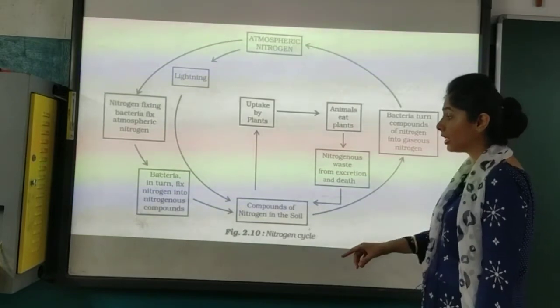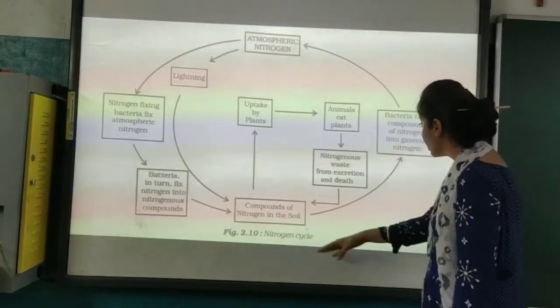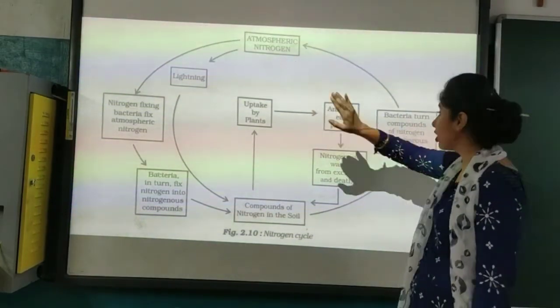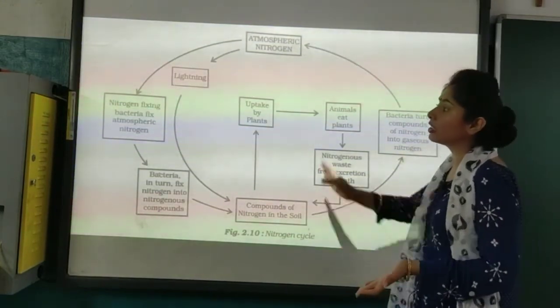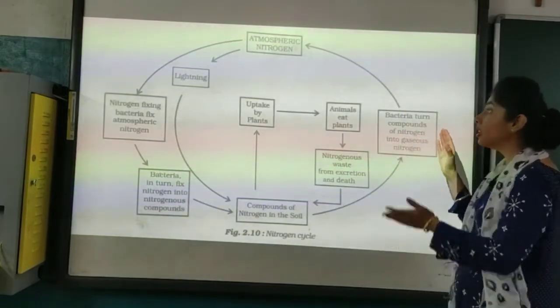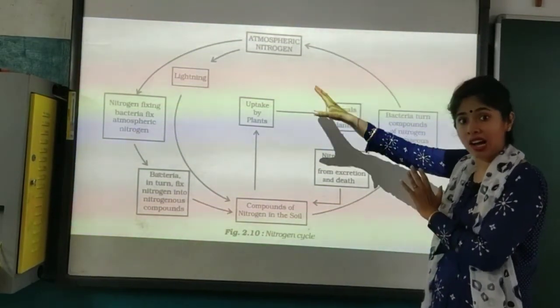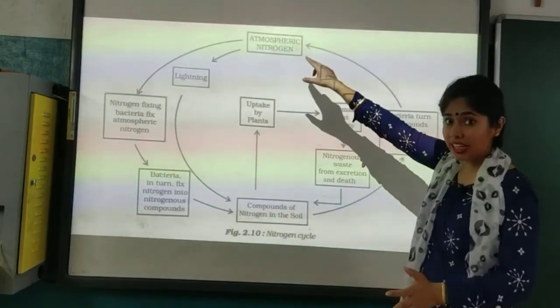So you can see that the compounds of nitrogen in the soil are also converted back to the atmosphere by other bacteria. Here the nitrogen fixing bacteria are different, and the bacteria that return nitrogen to the atmosphere are different. So it gets back again.